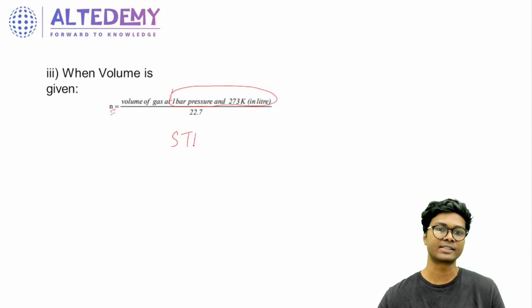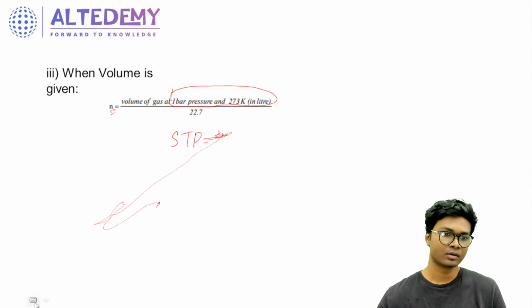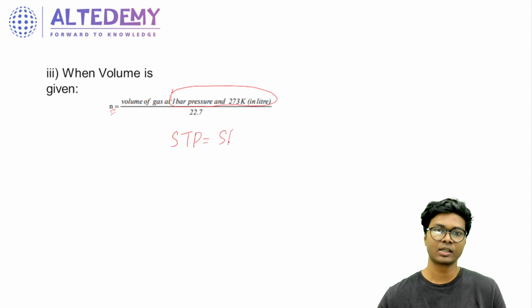We write it as STP, which means standard temperature and pressure. Got it?